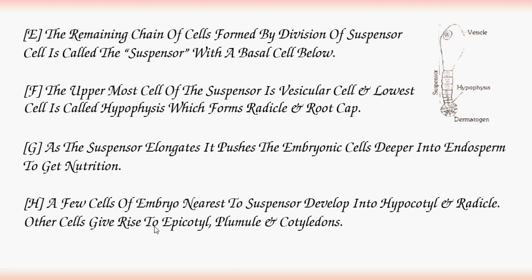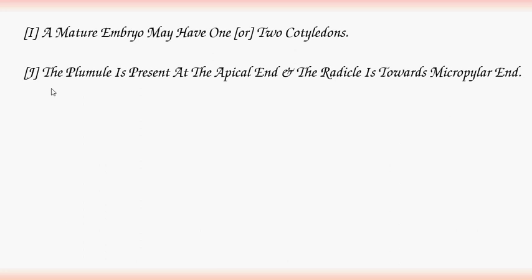Other cells give rise to the epicotyl, plumule, which is the shoot region, and the cotyledons. A mature embryo may have one or two cotyledons. If it is a monocot, it has only one cotyledon. If it is a dicot, two cotyledons are present. The plumule is present at the apical end and the radicle is towards the micropylar end.